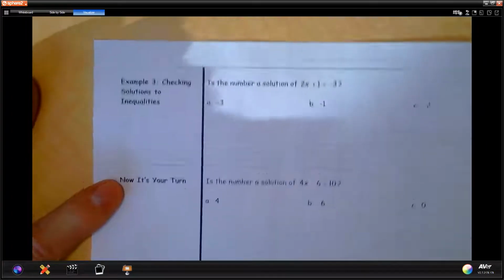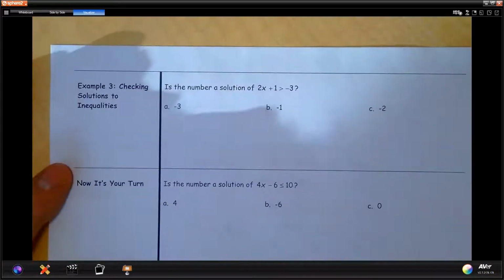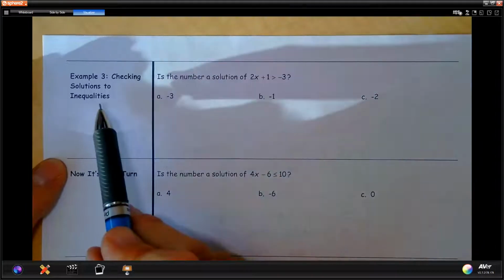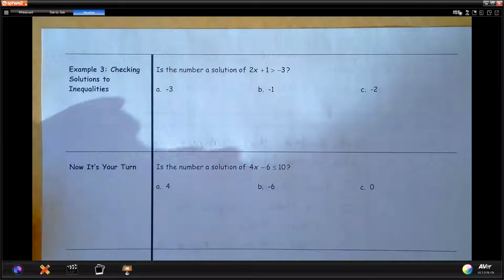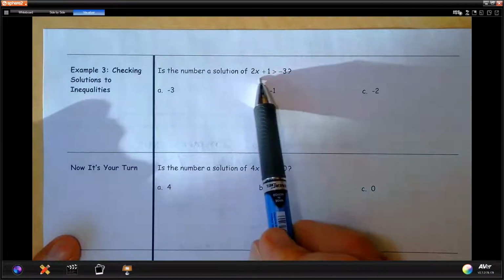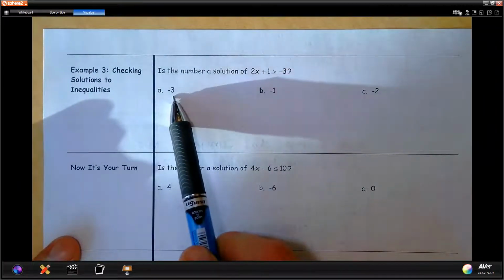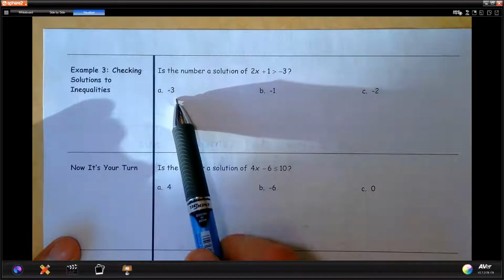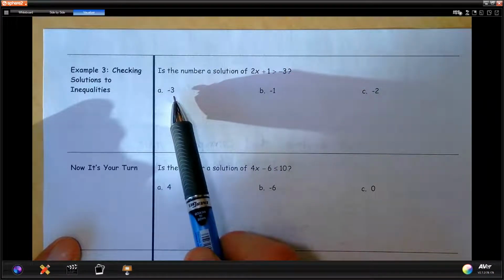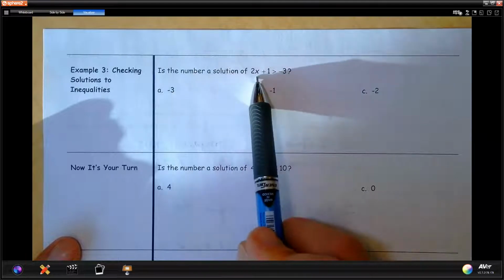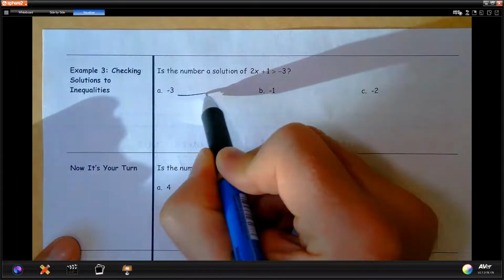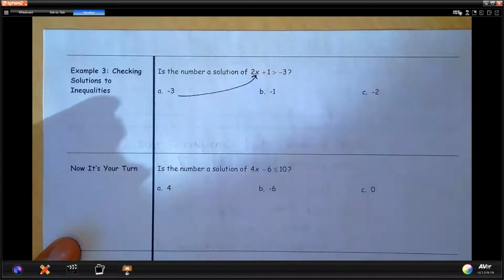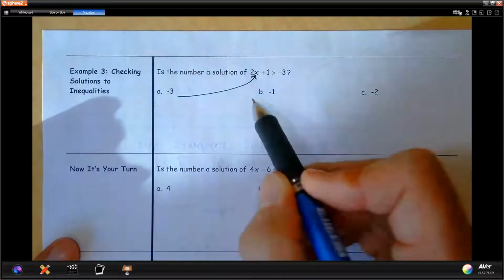Okay, flip it over to the backside. Now in this example, instead of asking you to tell me what are solutions, I'm going to give you an inequality and a number and ask you, is it a solution? So it's a solution if this number makes this inequality true. And the only way I'm going to figure that out is to take this number and plug it in place of x and figure out whether it's true or not.